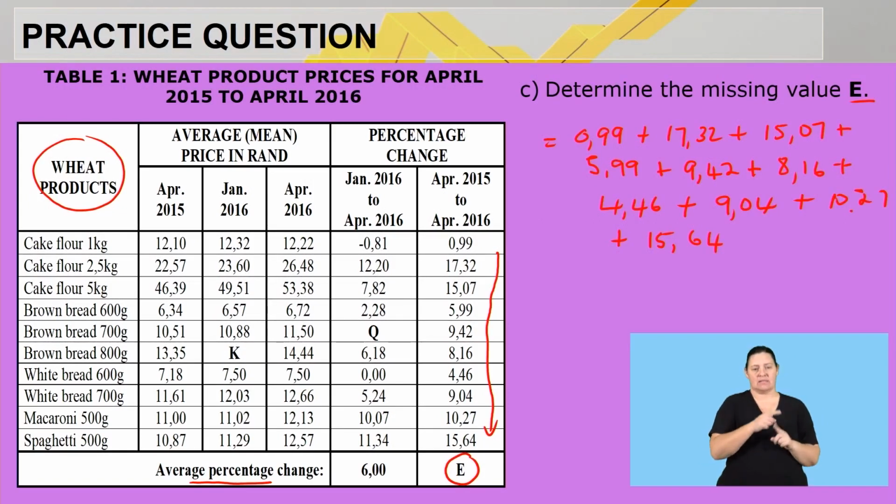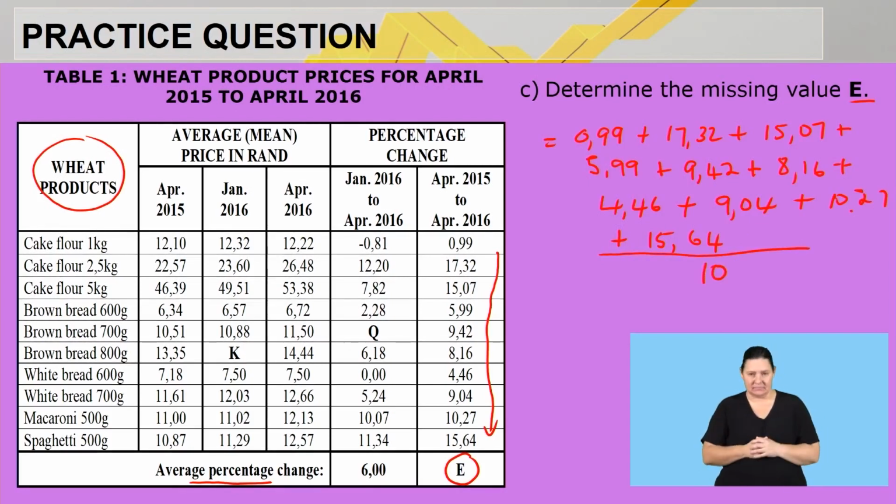So let's punch that in on our calculator. 0.99 plus 17.32 plus 15.07 plus 5.99 plus 9.42 plus 8.16 plus 4.46 plus 9.04 plus 10.27, and our last value is 15.64. That gives us a sum total of 96.36. So basically, I'm adding all my numbers divided by how many numbers or entries I have.